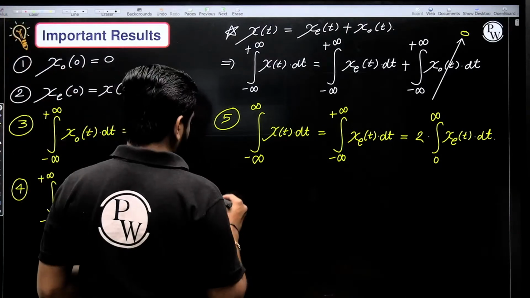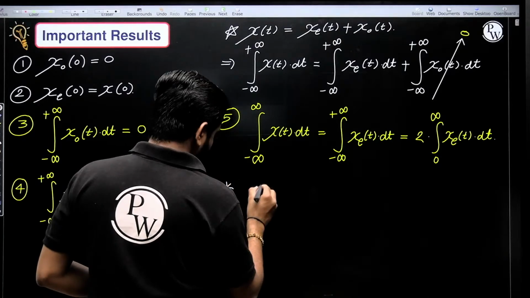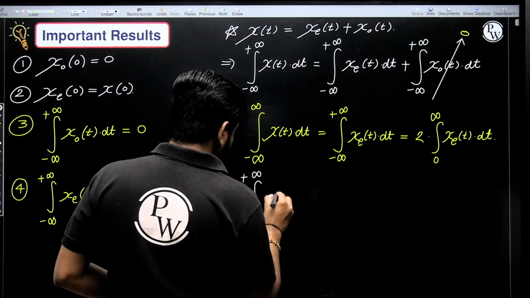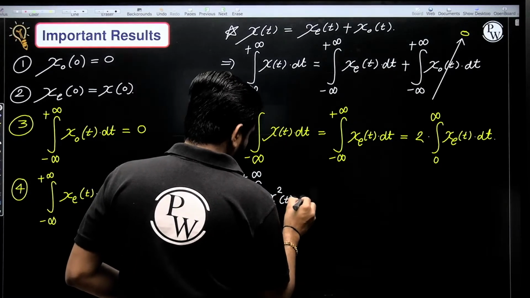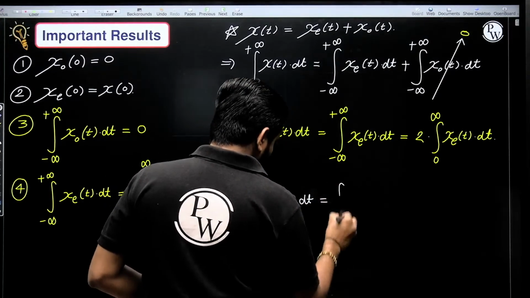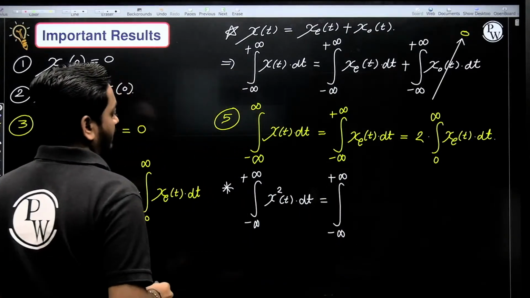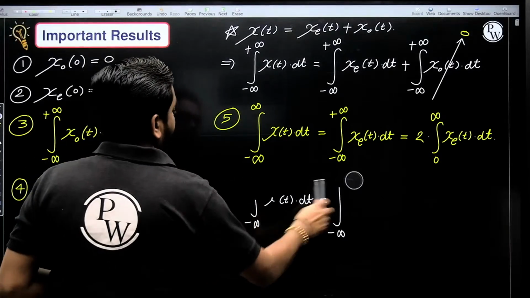Now suppose you integrate from minus infinity to plus infinity the square of x of t. Let me write this on the next page.